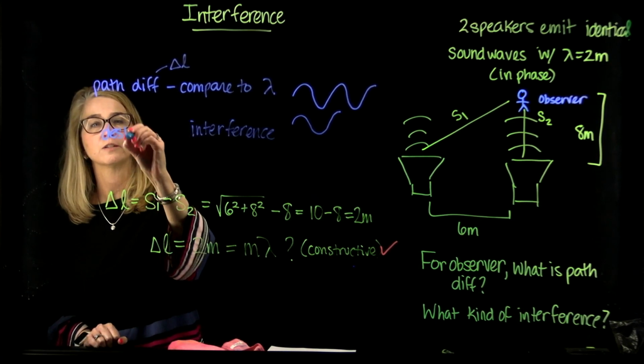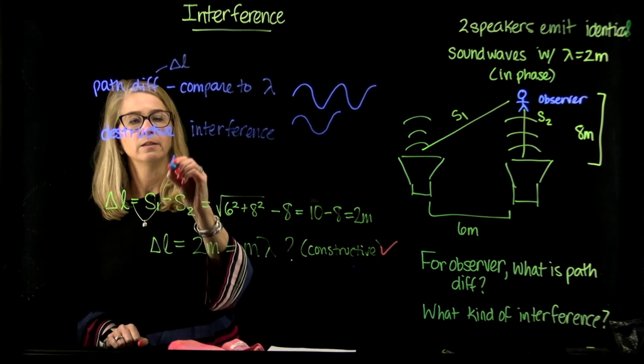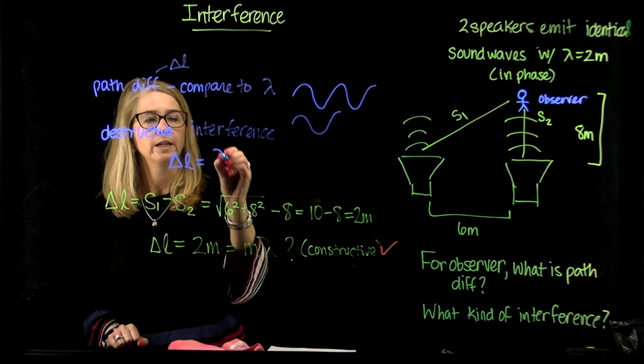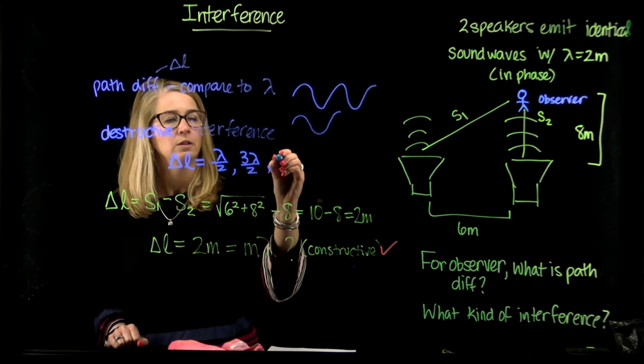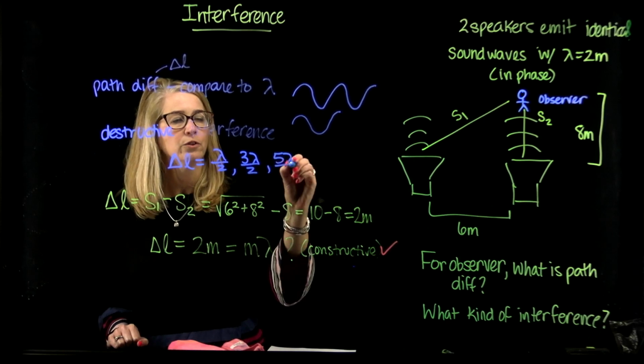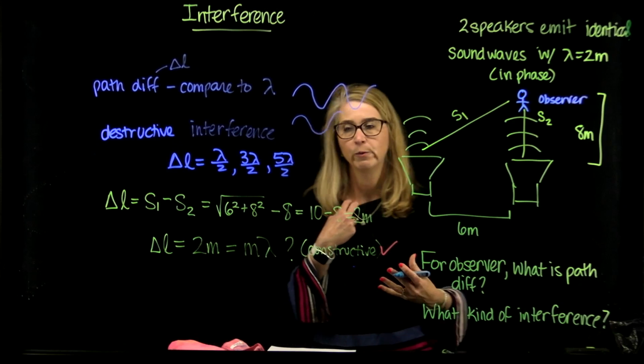Destructive interference, we would want to compare the change in the wavelength would be like lambda over 2, 3 lambda over 2, 5 lambda over 2. It has to be some odd multiple of a half a wavelength.